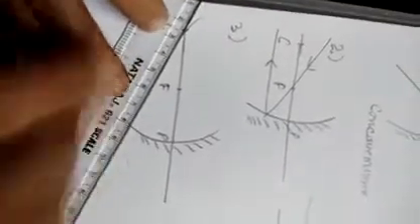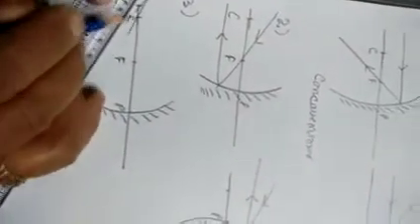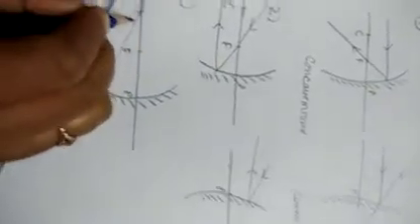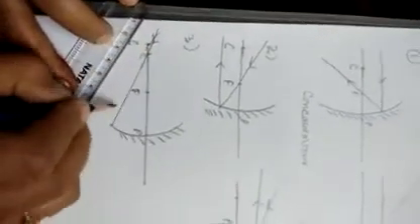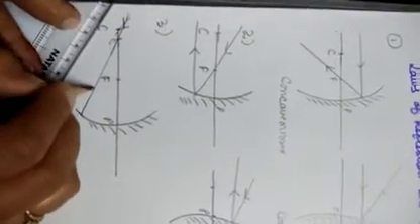It will retrace its path. Retraces means, this is C, the center of curvature. When a light ray is incident in this way, after reflection it will retrace its path. In a similar direction it will move backward.